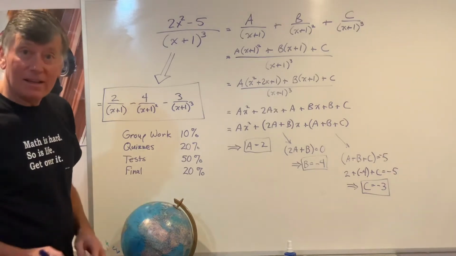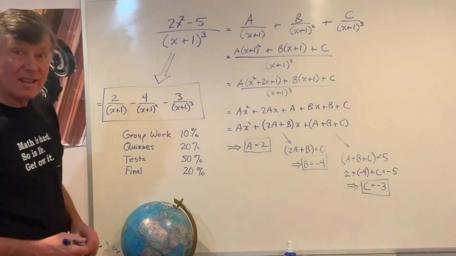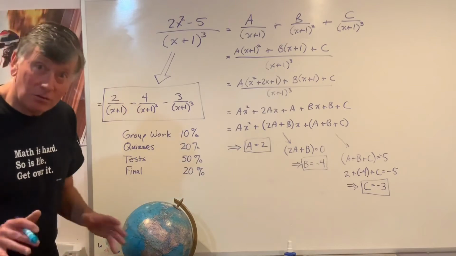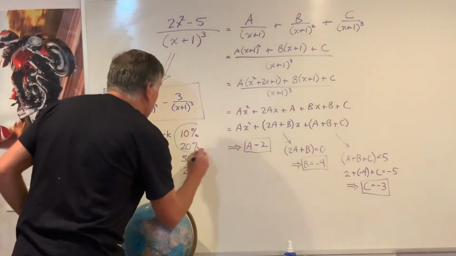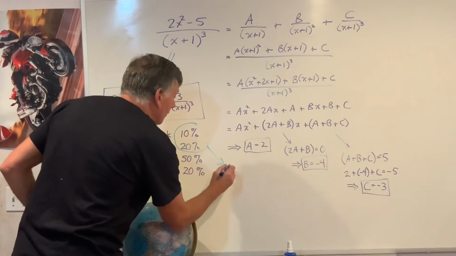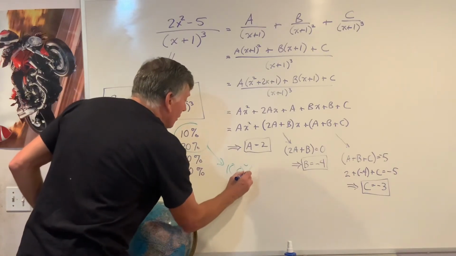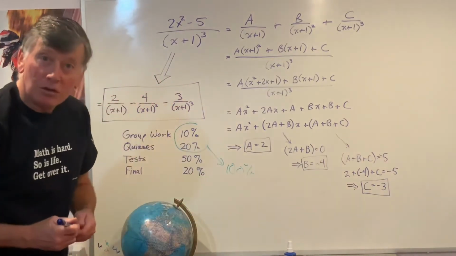You'd have a C, a very low C, but you'd have a C. And that is true. But in reality, you have to think of this as 100% of your grade.